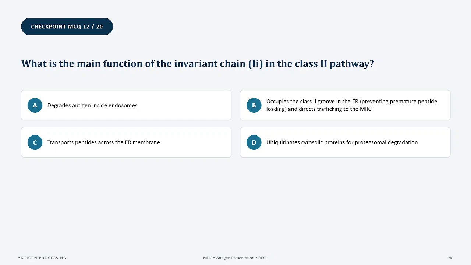What is the main function of the invariant chain in the class 2 pathway?